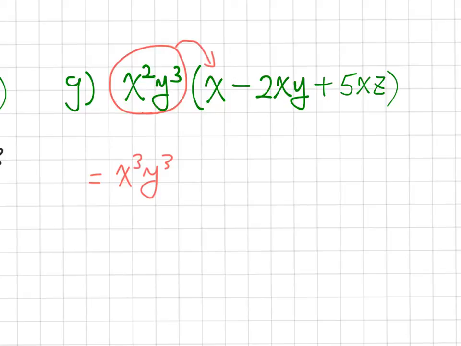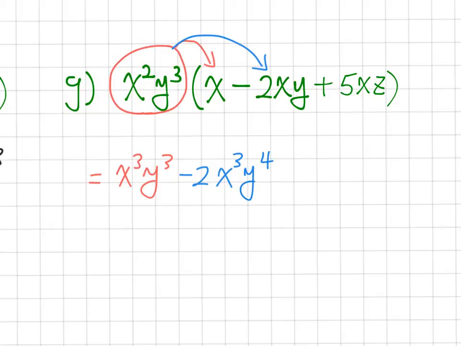Then positive 1 times negative 2 will give you negative 2. And then letter by letter, x squared times x gives you x cubed, and y cubed times y gives you y to the power of 4.